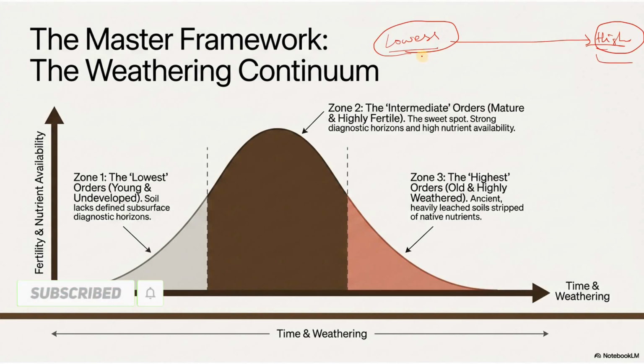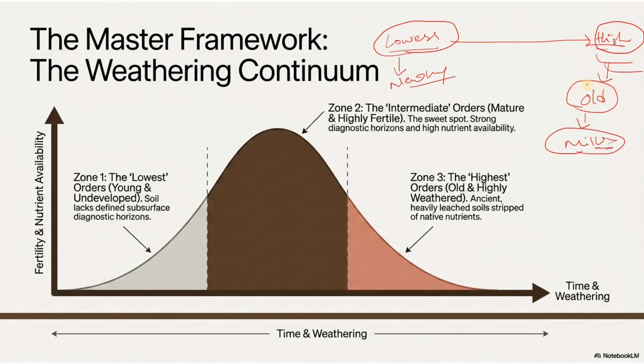What we simply mean is that the lowest means the newly formed or newly developed soils, and the highest means the old ones, which have been there for millions of years.